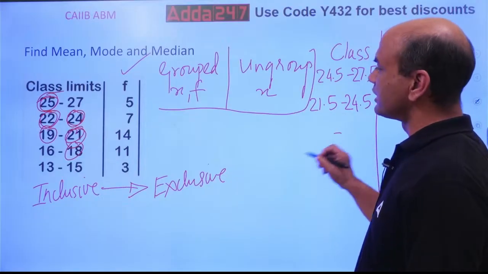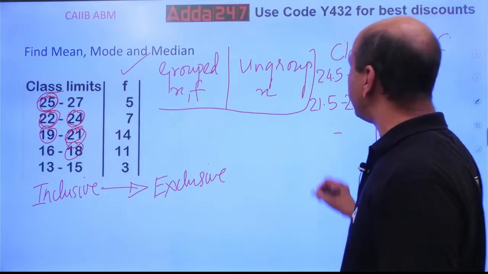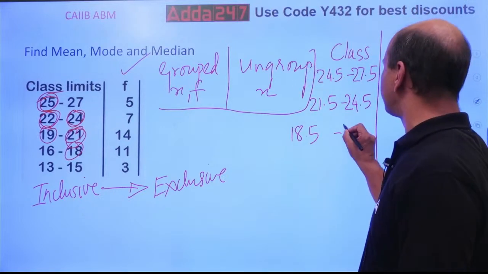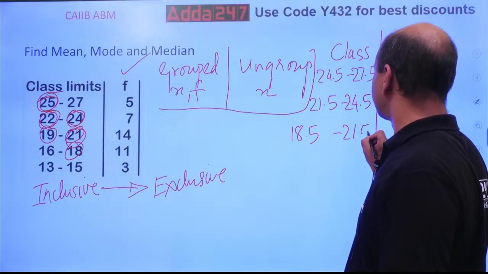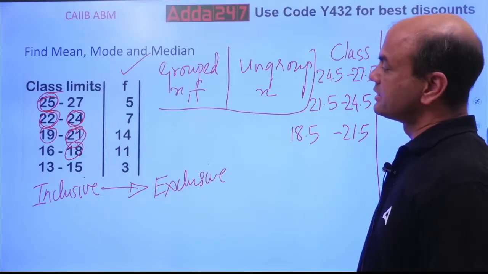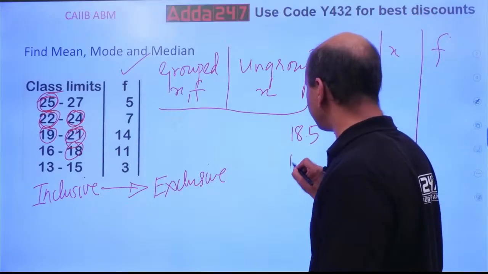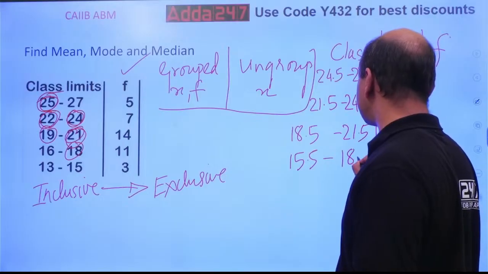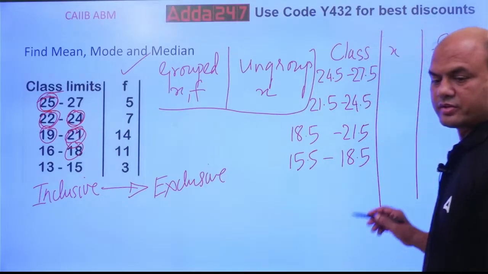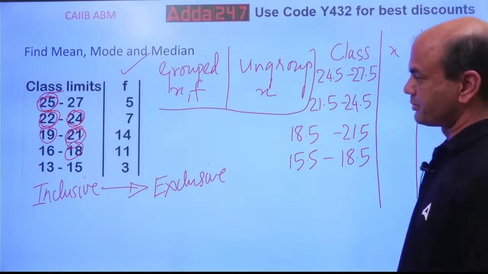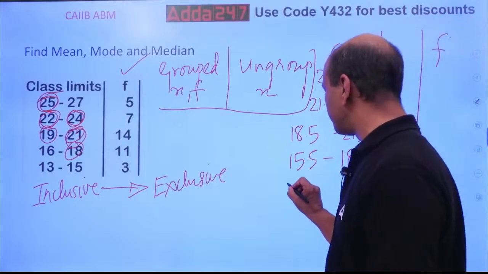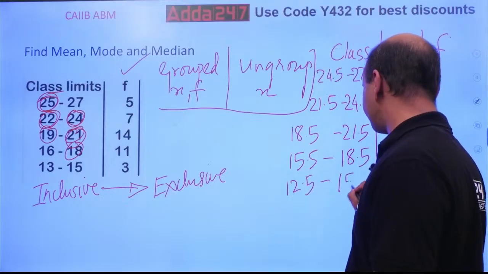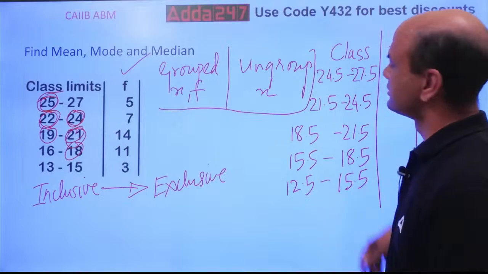Similarly, third one. 19 will be 18.5, and here it will be 21.5. The next 16 and 18, 15.5 and 18.5. See, ends are matching. This is very important. So this becomes your exclusive group. And first one is 13, 12.5 and here it is 15.5. So this is your class.